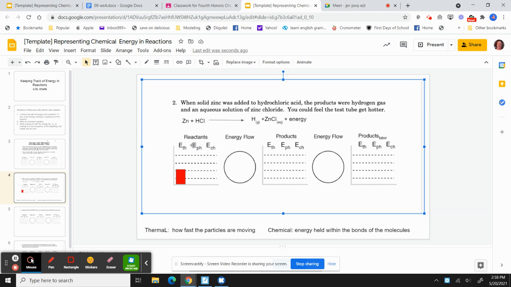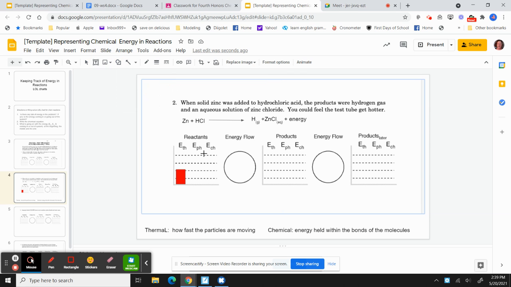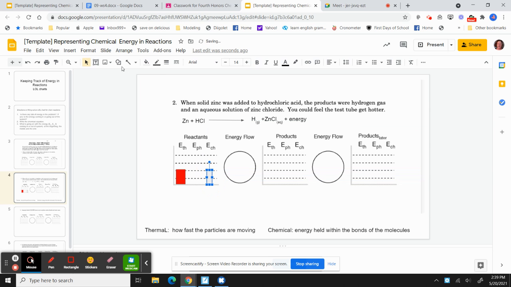And then we're now going to look also at the chemical energy. So we have some bonds going on here. So there is energy within the bonds, okay? So what has happened to the energy in the bonds? Well, we probably have some here, so we are going to draw that chemical energy as well.